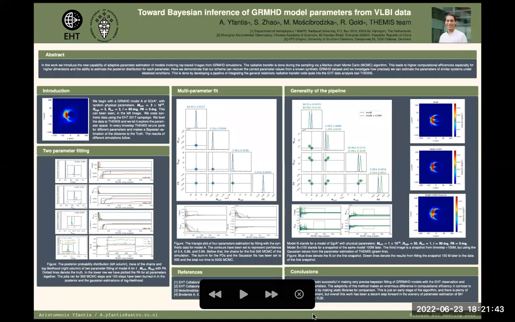And this is my first work on trying to estimate model parameters from GRMHD simulations using Bayesian statistics. So we start with the ground truth, with the GRMHD model. We perform ray tracing using some random physical parameters.